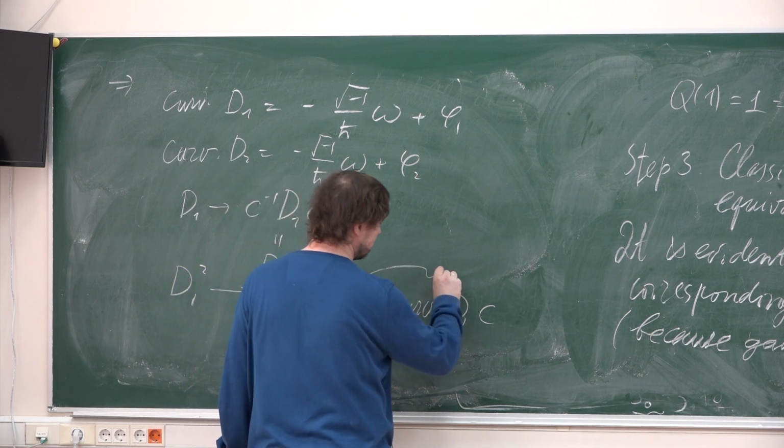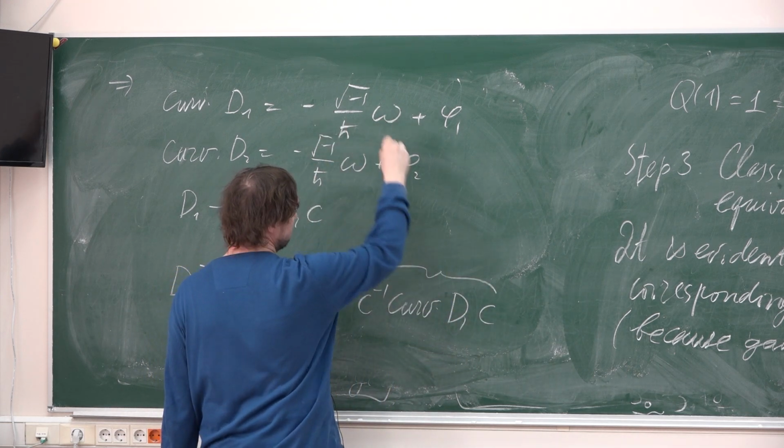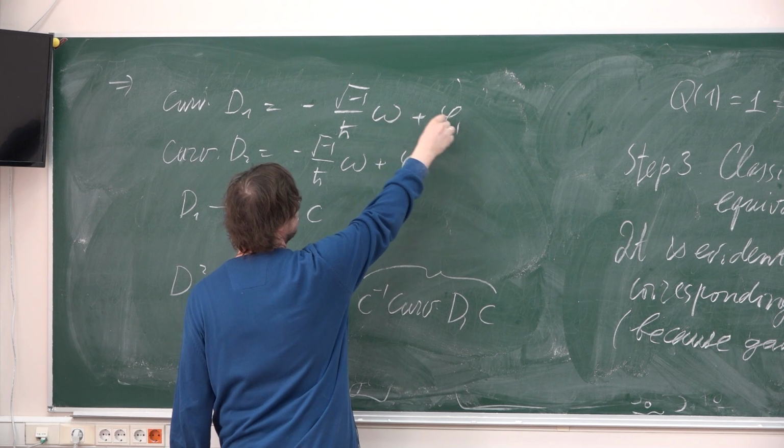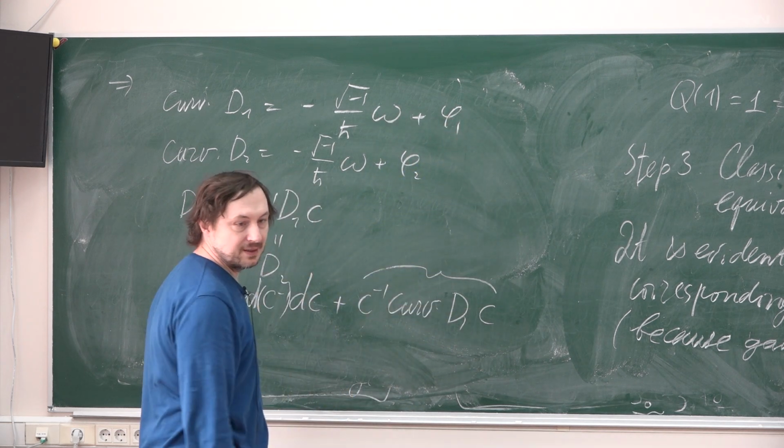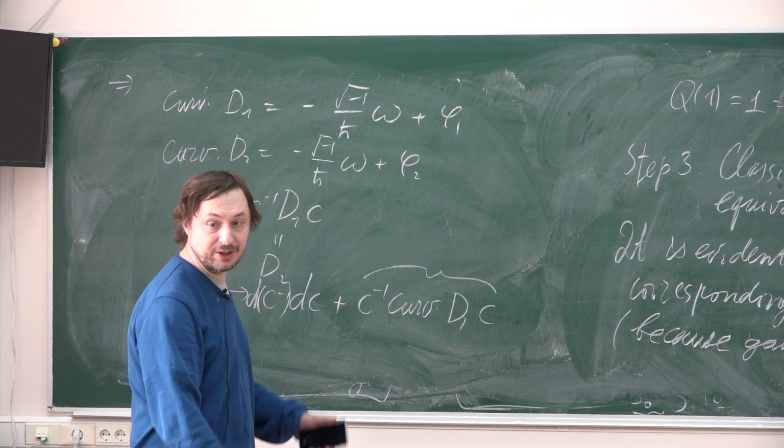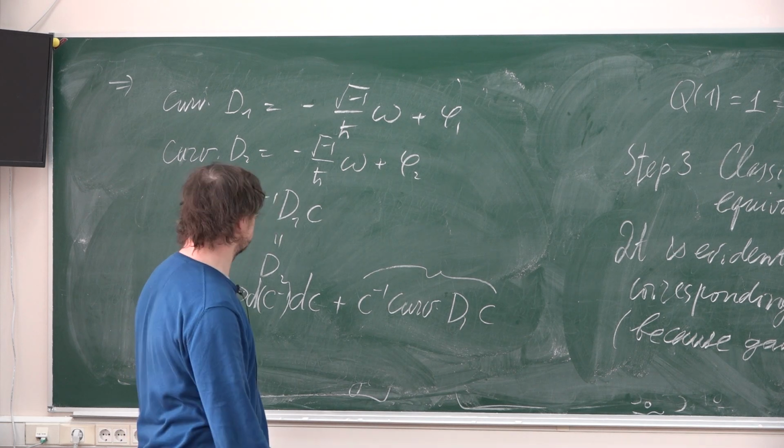But now this will be just equal to the same expression, because this element is in the center and this element is in the center. So they cancel, this conjugation disappears.